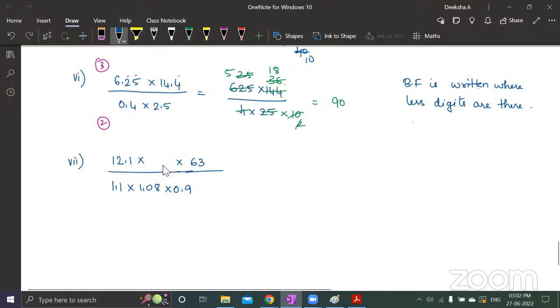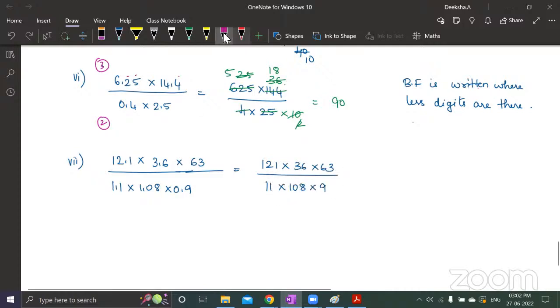I will write 3.6 here. Now here, I will rewrite this number without decimal points. This is 121 into 36 into 63 divided by 11 into 108 into 9.